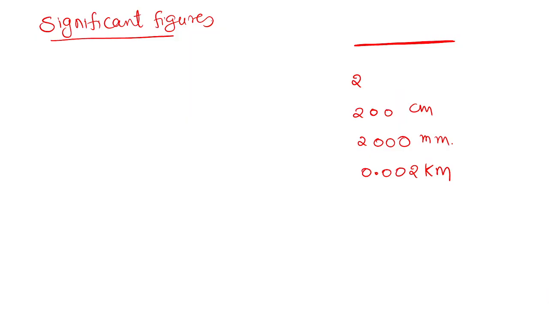Somehow I dropped the unit. Let the unit be there. Today I am just giving you the introduction only. By today's class it will not be over. It takes time. Significant figure is very difficult to understand actually.